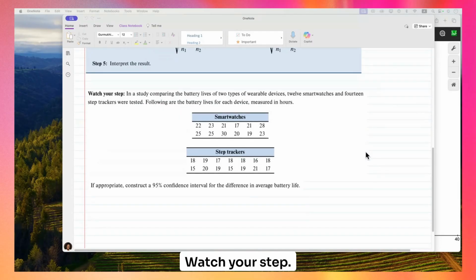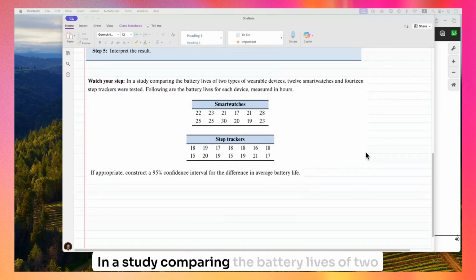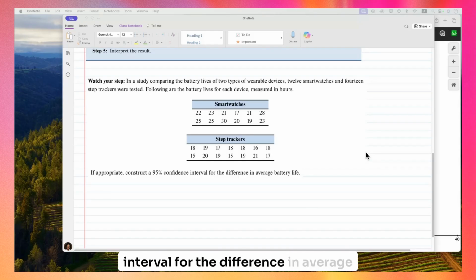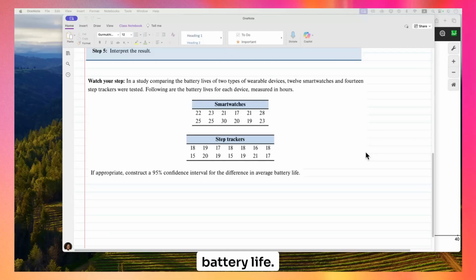In a study comparing the battery lives of two types of wearable devices, 12 smartwatches and 14 step trackers were tested. Following are battery lives for each device measured in hours. If appropriate, construct a 95% confidence interval for the difference in average battery life.